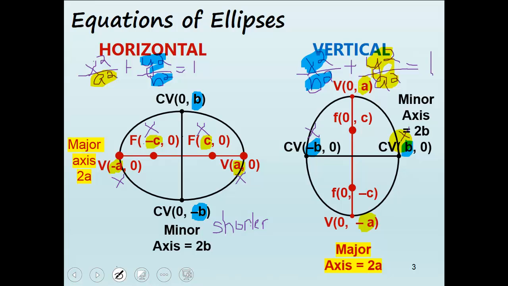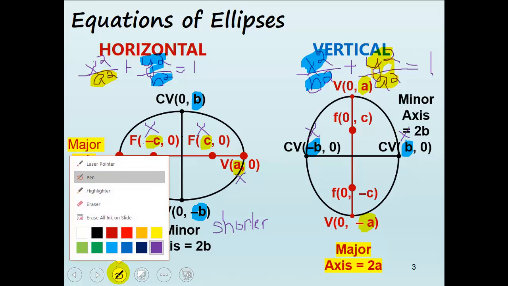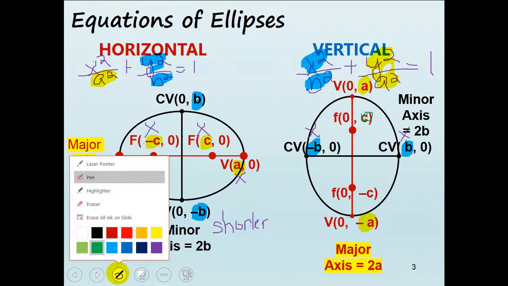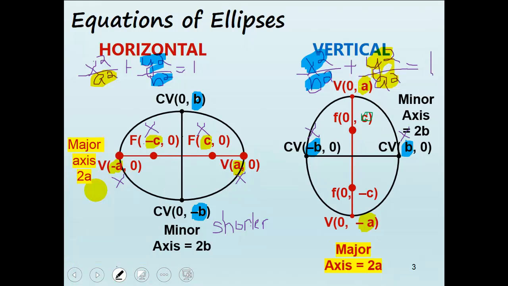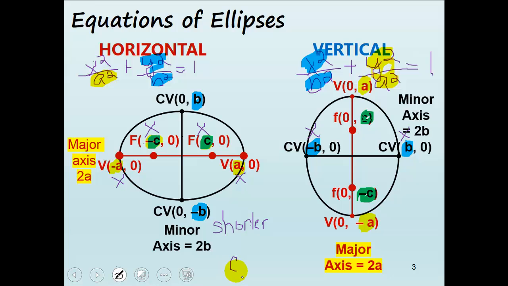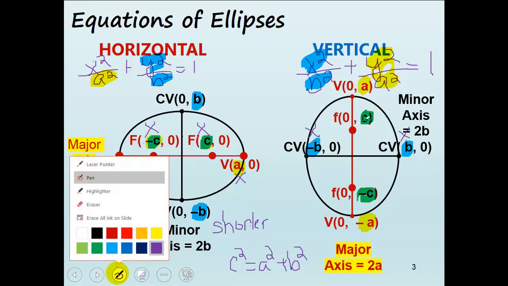And then the final set of points on this one, whoops, went the wrong way, is the foci. And again, the foci are on the same axis as the vertices. Sorry. Okay, c and negative c. And remember that we talked about that c squared is equal to a squared minus b squared.